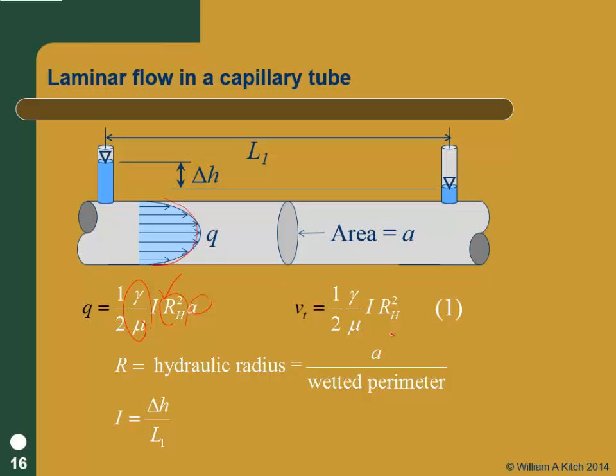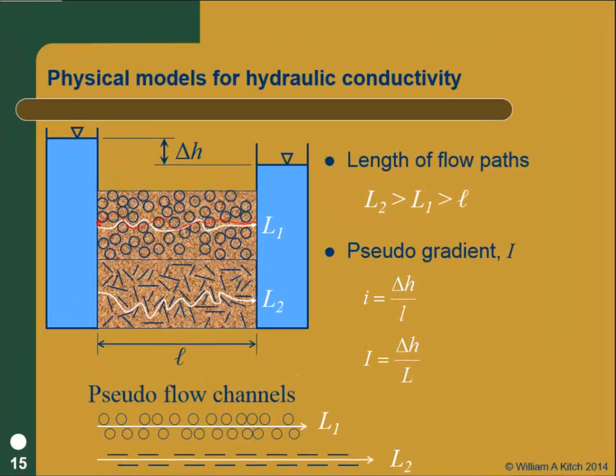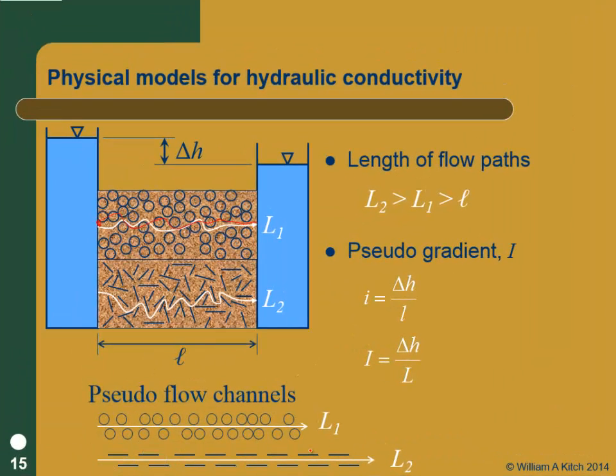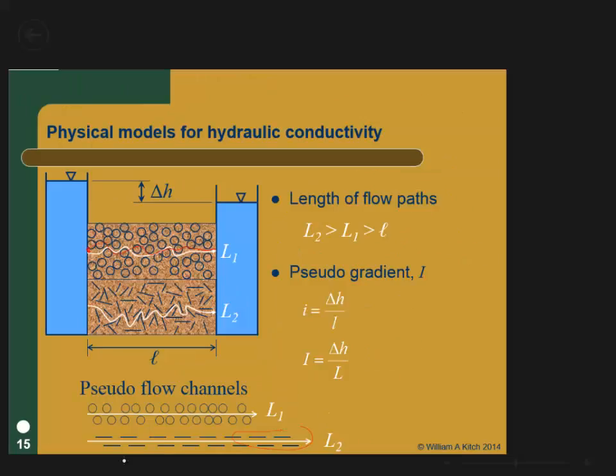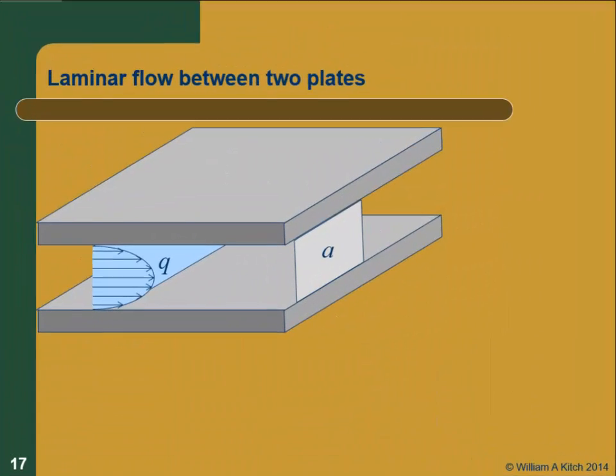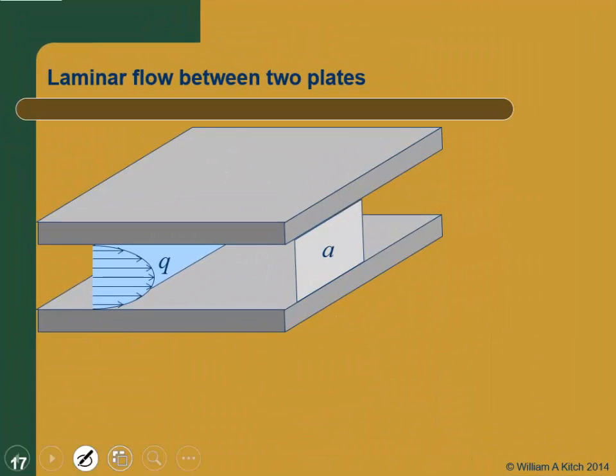If I look back at my plate-like model, where these might be clay particles where the things are pretty flat, that particular model might look more like flow between two plates rather than flow through tubes, right? That would be another very simple model for the pores. So, let's look at that model.